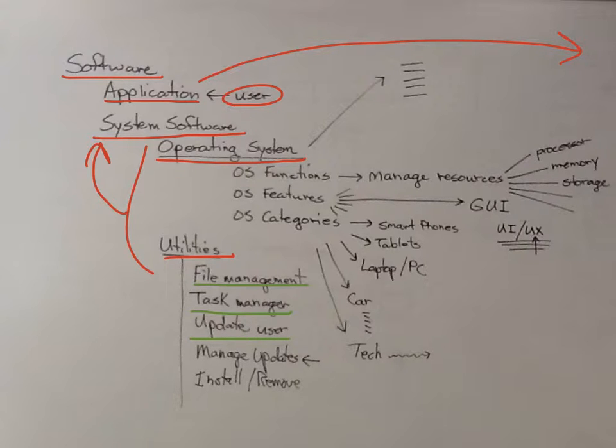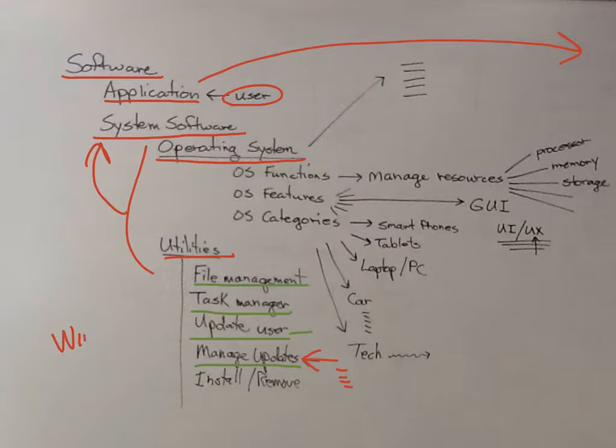We talked about updating users on a computer, manage updates to the software. Some of those can be done automatically, but we talked a little bit about that, like the operating system.